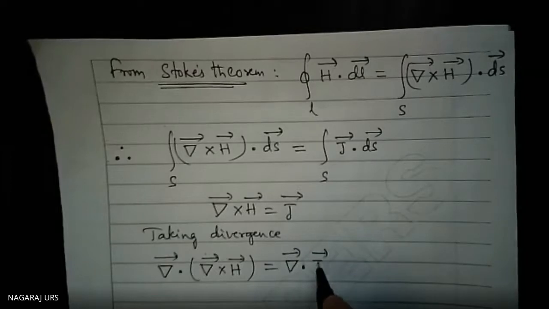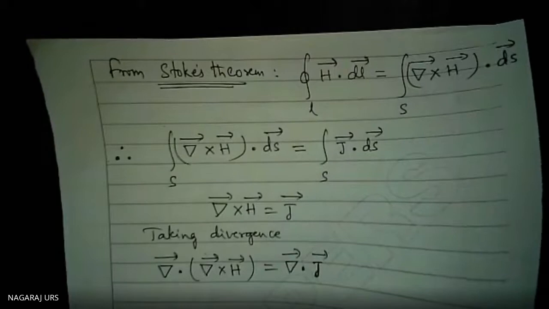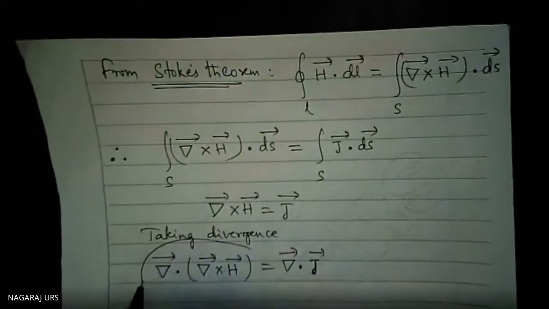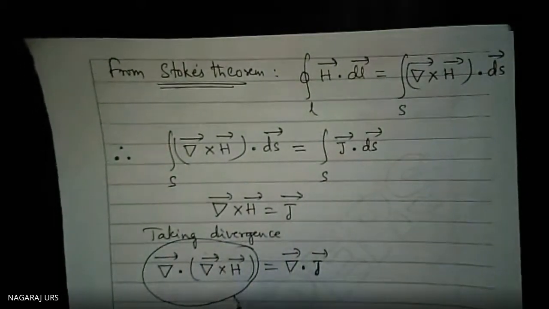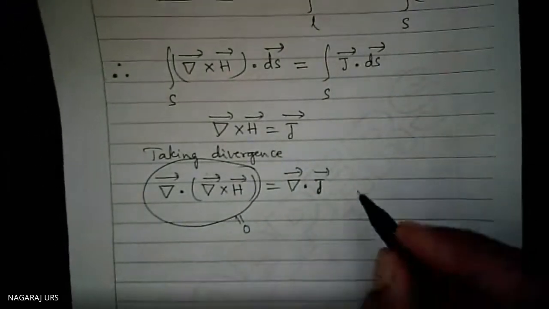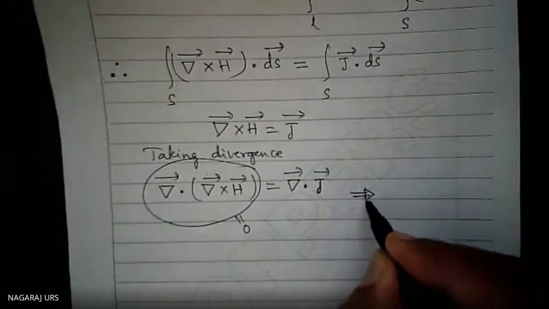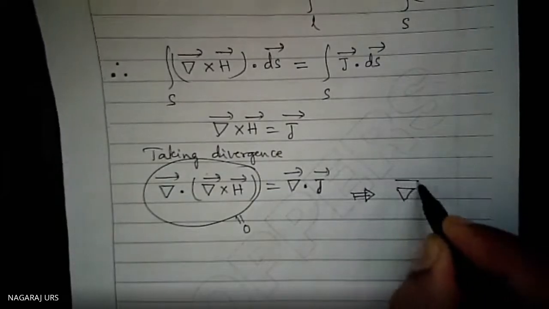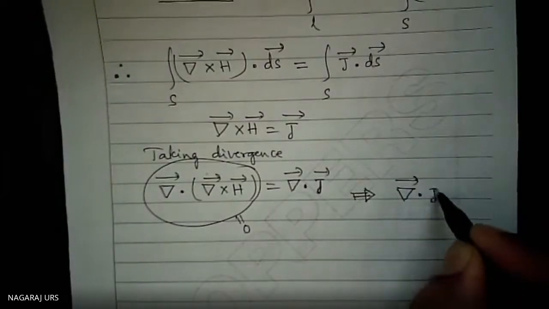Both the sides I have taken the divergence. But this value, del dot del cross H, is equal to 0. This implies del dot J is equal to 0.